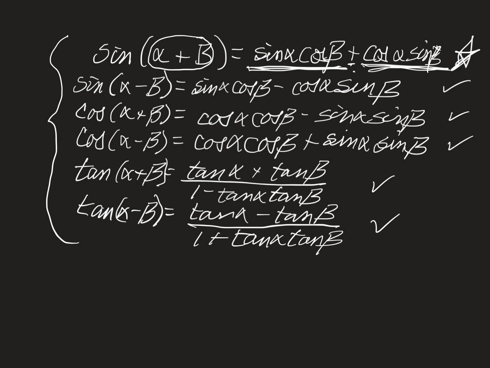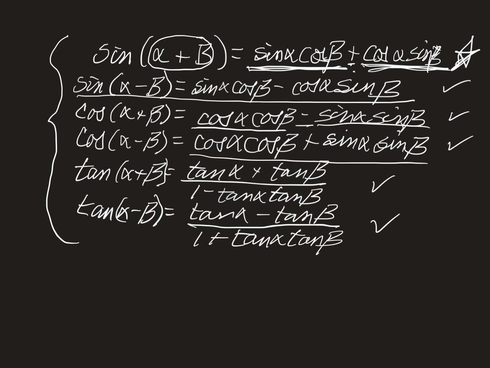Sine alpha minus beta works exactly the same way. Different function, same sign. Cosine alpha plus beta is same function, opposite sign, or different sign. Okay? So you'd get cosine alpha cosine beta minus sine alpha sine beta for cosine alpha plus beta.